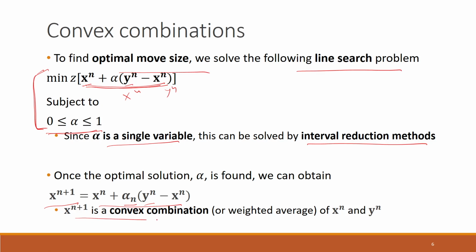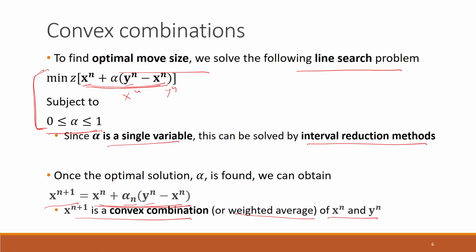So, xn plus 1 is a convex combination of xn and yn, or a weighted average of xn and yn, because it is written in this form.